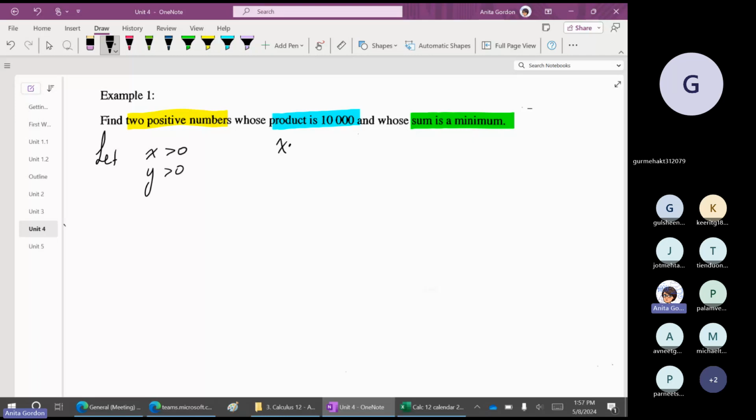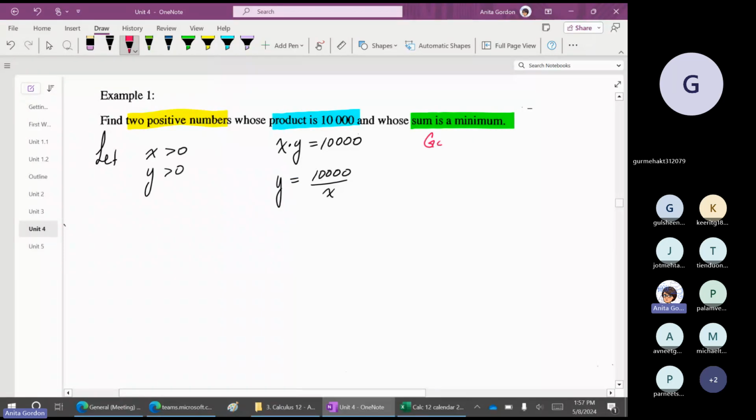We know that x times y is 10,000. Anything else? Can isolate y. y equals 10,000 over x.